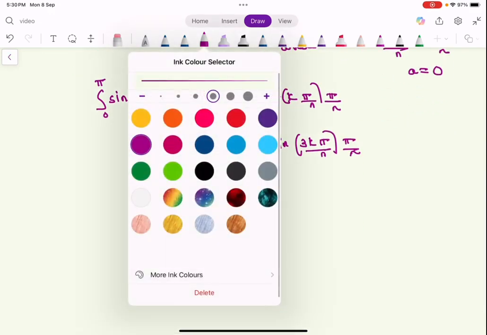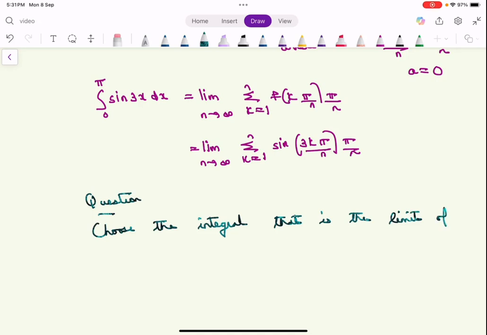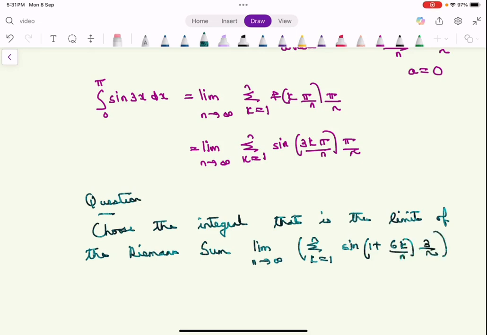Let's move on to the next question, and that will be, choose the integral that is the limit of the Riemann sum, limit as n tending to infinity summation k equal to 1 to n sine 1 plus 6k by n into 3 by n.